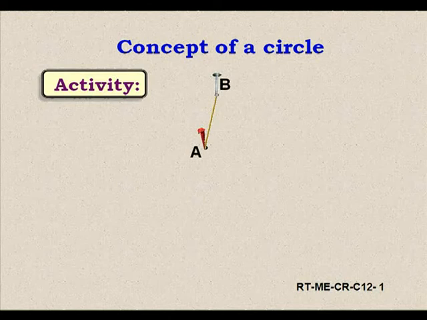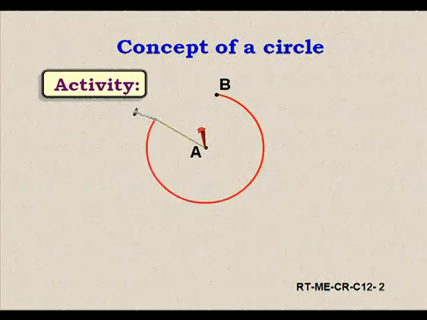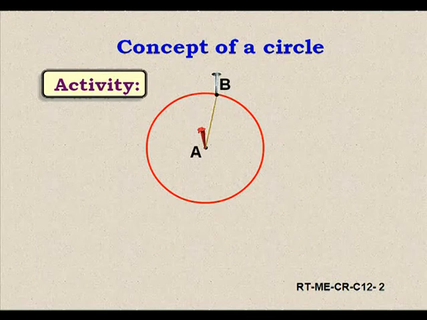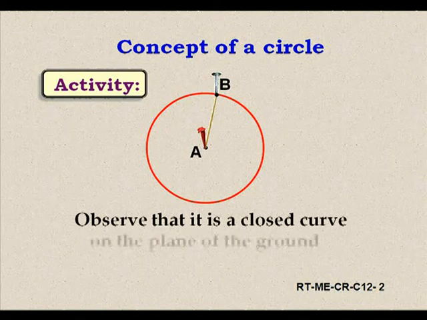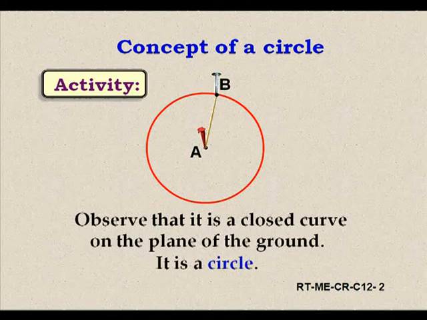Hold the rope firmly and mark the initial position of the nail as B. Now, move the nail along with the rope so that a clear mark is made on the ground. Move till you reach B. Observe that it is a closed curve on the plane of the ground. It is a circle.